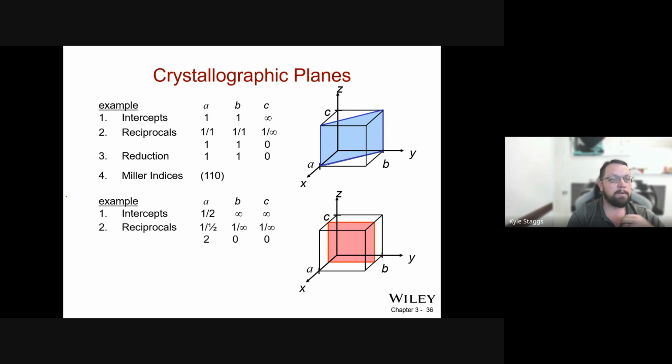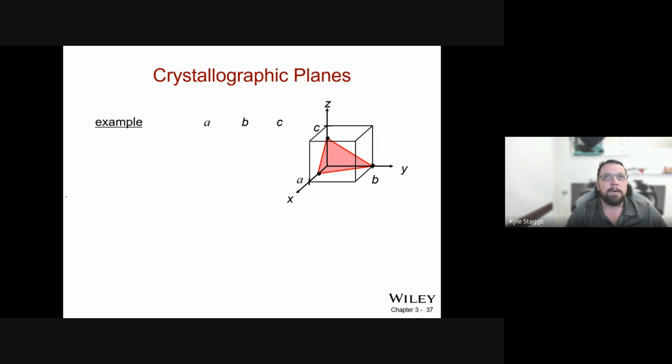So the reciprocals, 1 over 1/2, 1 over infinity, 1 over infinity, give us 2, 0, 0. This is the step where we would reduce any common multiples. The only multiple we have in there is 2, so we can divide everything by 2, leaving us with 1, 0, 0.